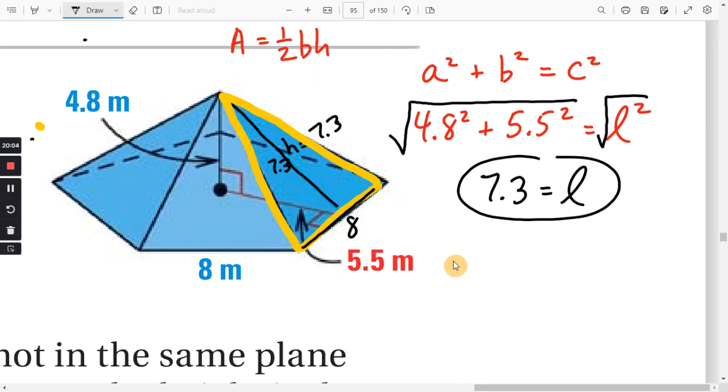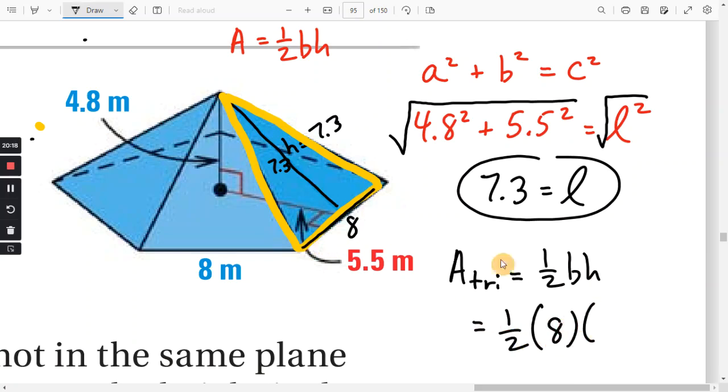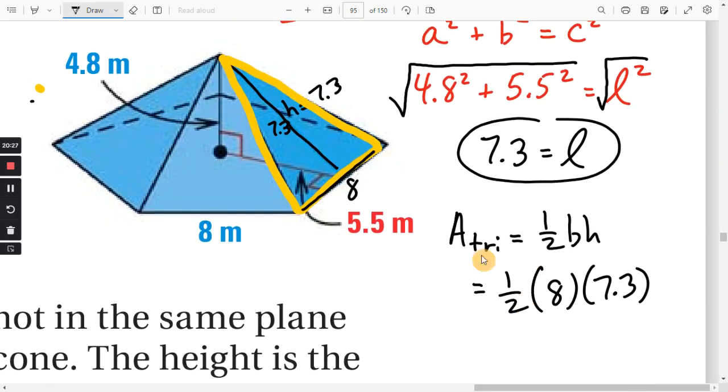All right, so the area for each triangle is 1/2 base times height. That's going to be 1/2 base, so that's 8, and the height is 7.3. Okay, so I'm just going to go right to the calculator.